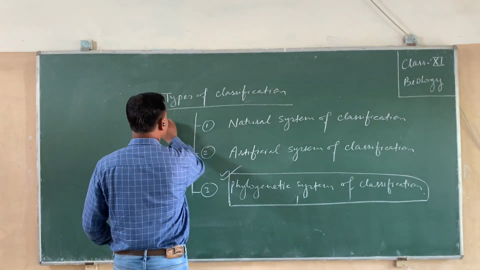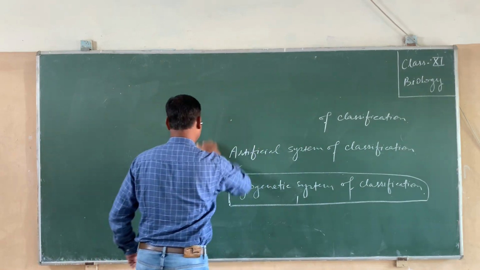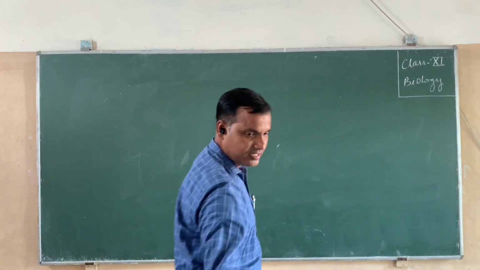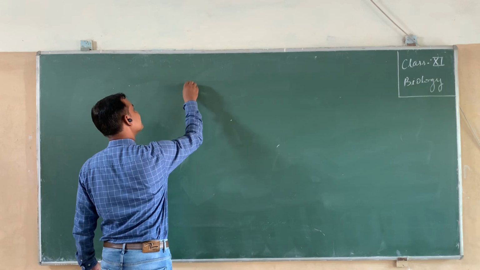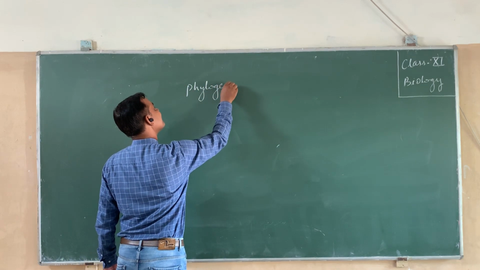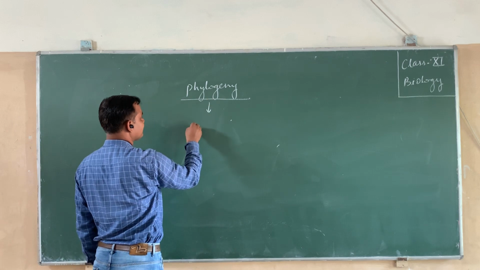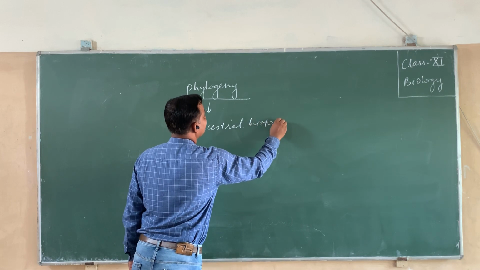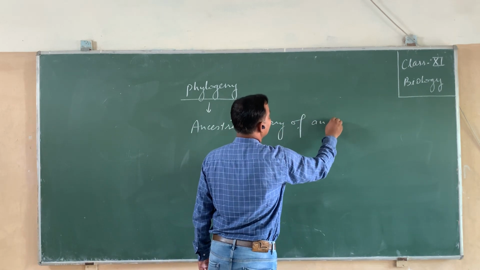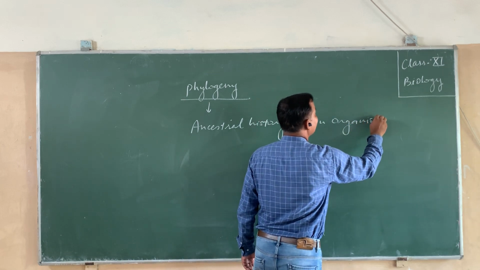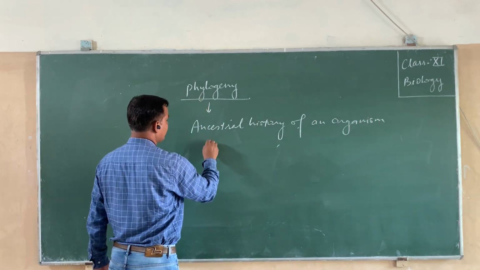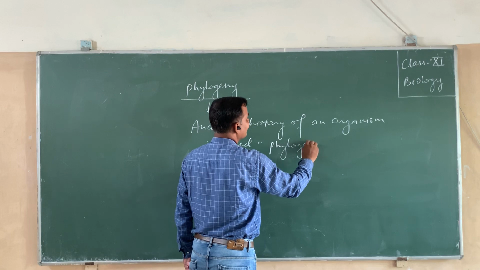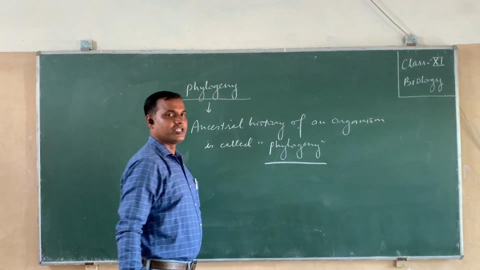So the last one is phylogenetic system of classification. We are going to discuss it. The term phylogeny means the ancestral history of an organism is called phylogeny.